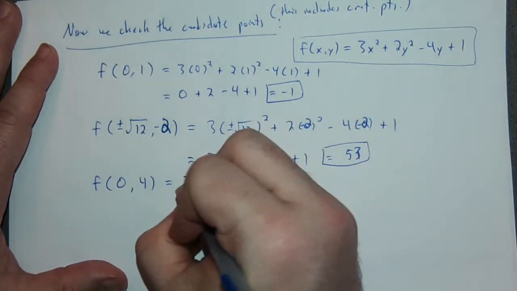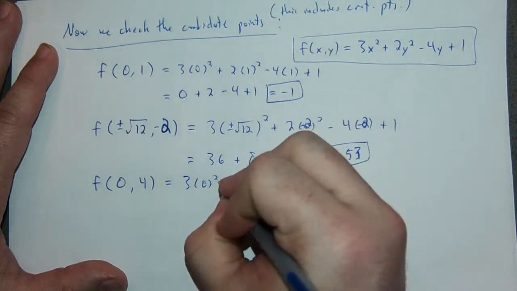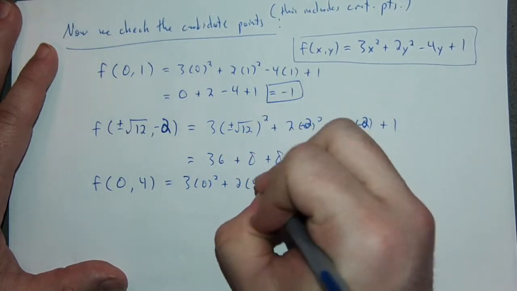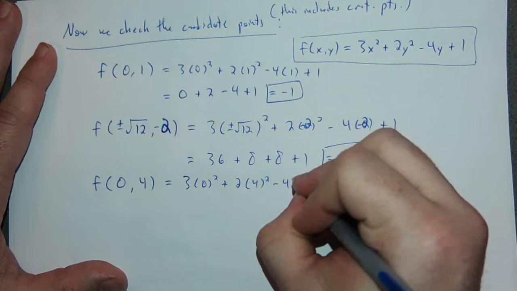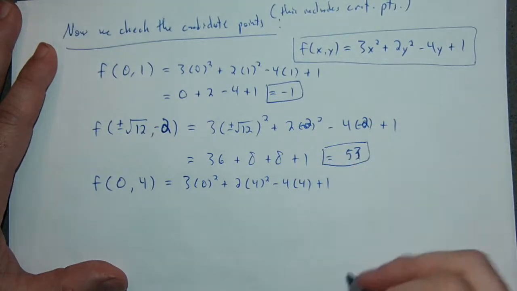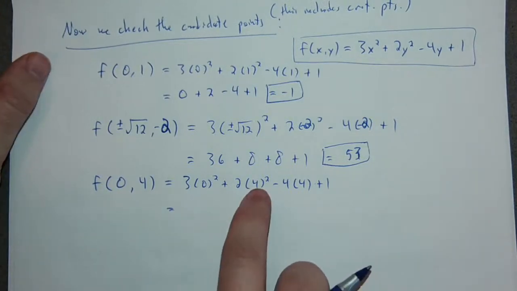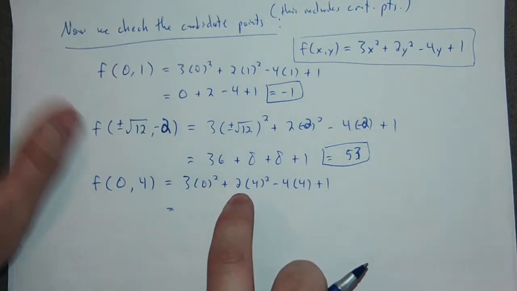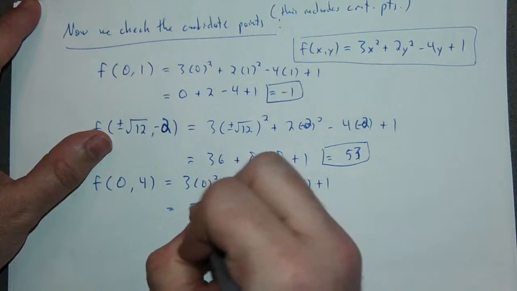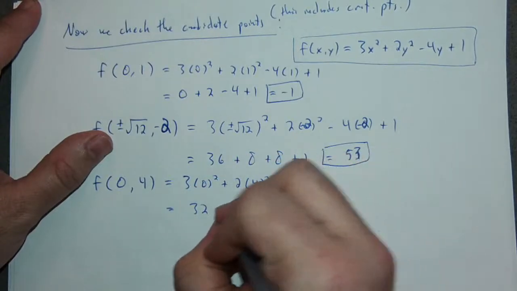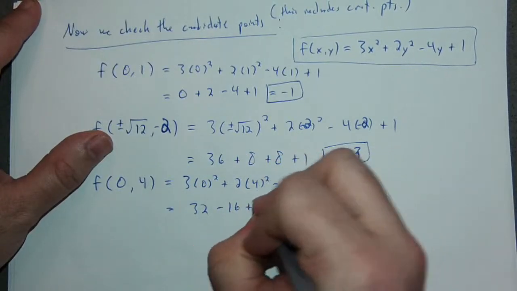So this is 3 times 0 squared plus 2 times 4 squared minus 4 times 4 plus 1. So 4 squared is 16. 2 times 16 is 32. So this is 32 minus 16 plus 1. So that's 17.